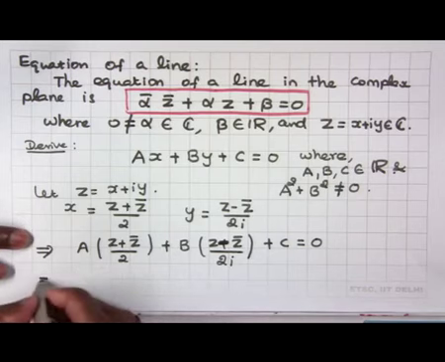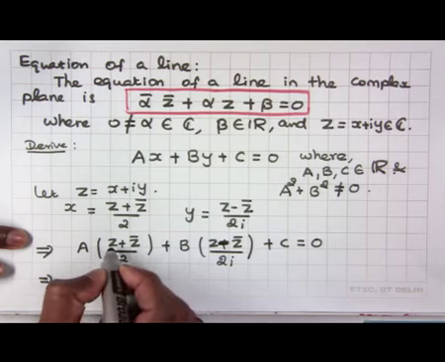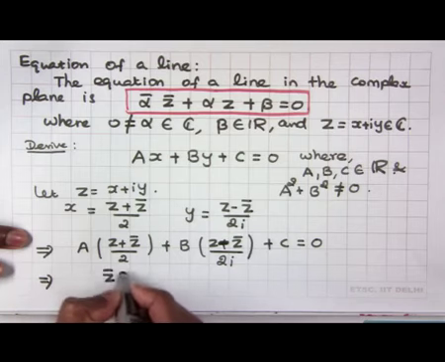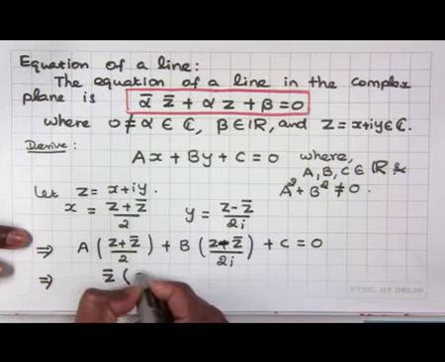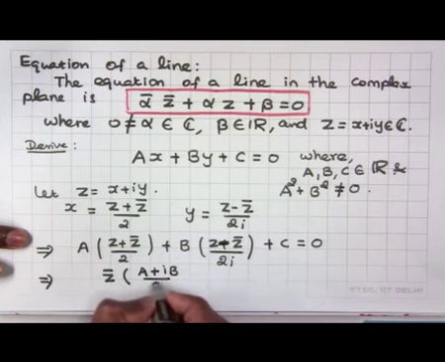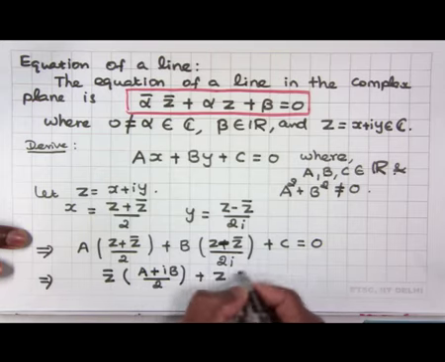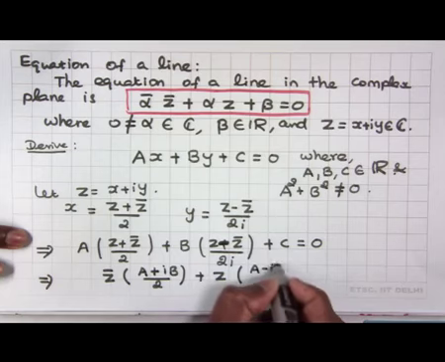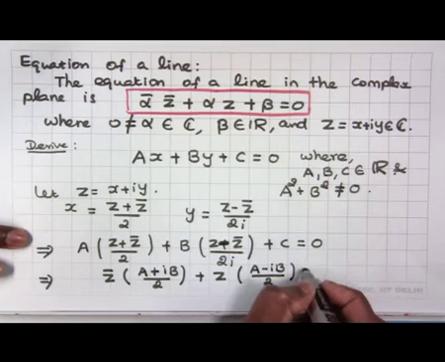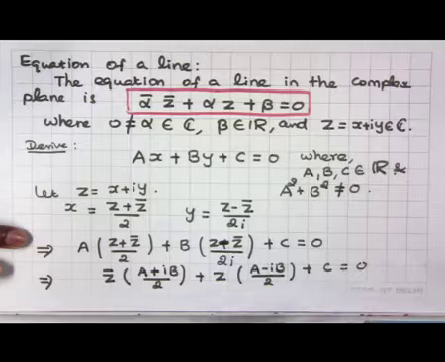and combining the coefficient for z bar, we see that it is (a + ib) by 2, and z times (a − ib) by 2, plus c equal to 0.